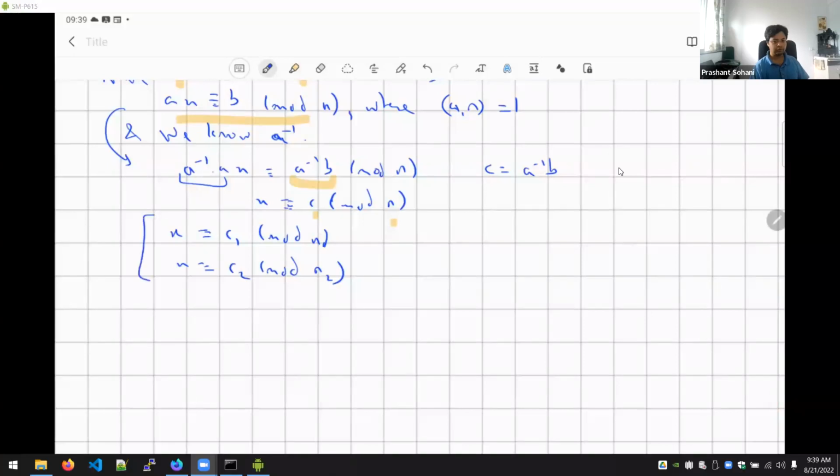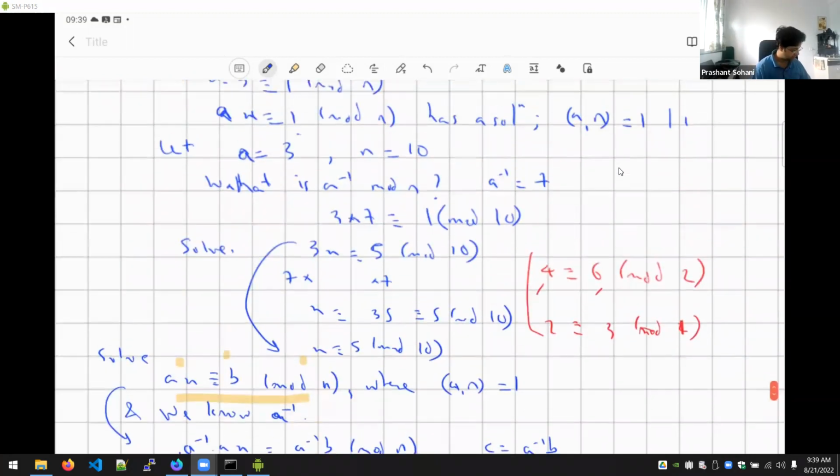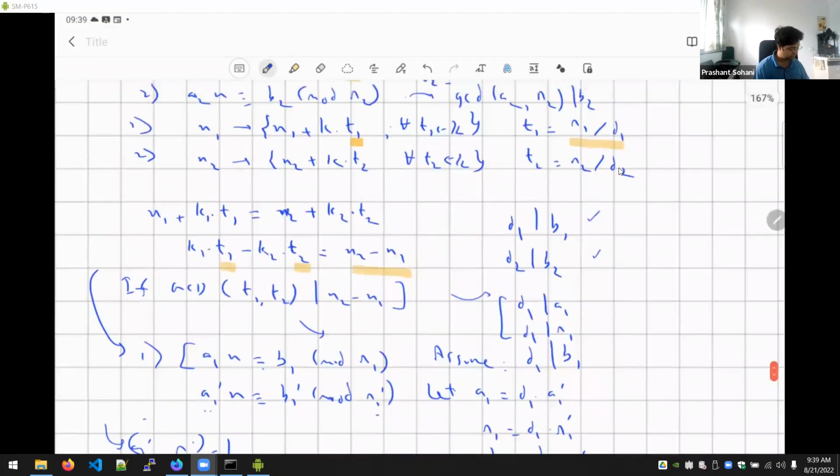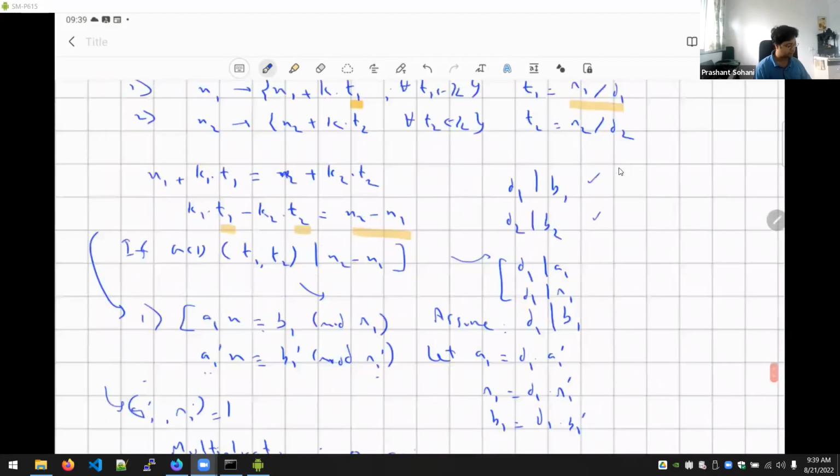So now that we have these two equations, x congruent to c1 mod n1 and x congruent to c2 mod n2, individually they'll obviously have a solution, because c1 and c2 themselves are the solutions. So x equal to c1 and x equal to c2 are respectively the solutions of each of them. And the question is whether they will have a solution together. For that, what we had referred to earlier is that the GCD of t1 comma t2 should divide x2 minus x1.